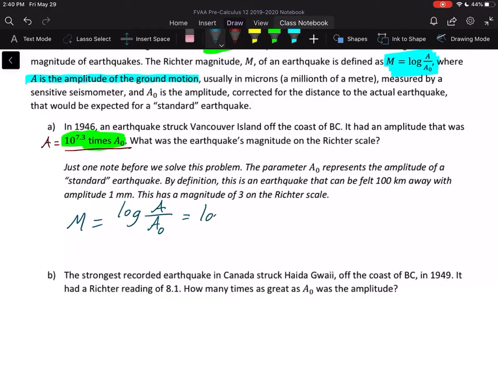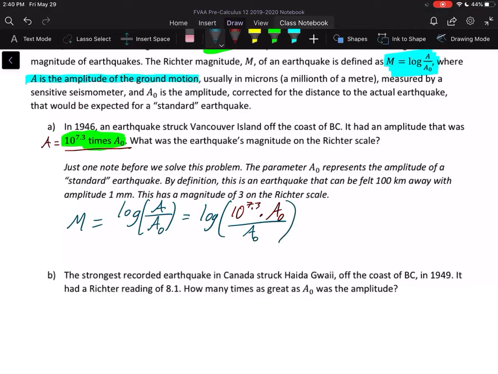So this is equal to log, and inside the brackets of the log, instead of A, I'm going to put 10 to the 7.3 times A0, over A0.